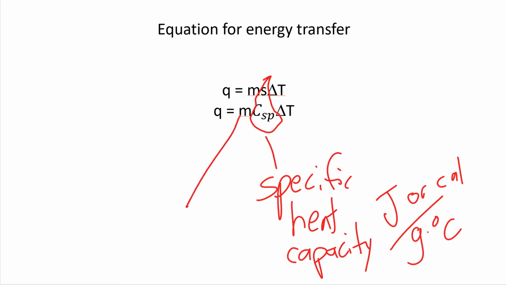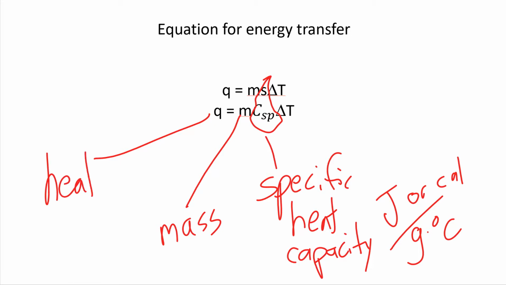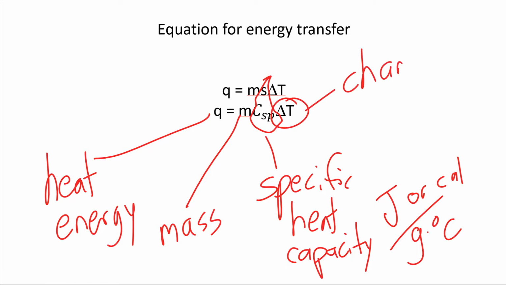M in this equation represents mass. Q represents heat energy. And delta T refers to the change in temperature.